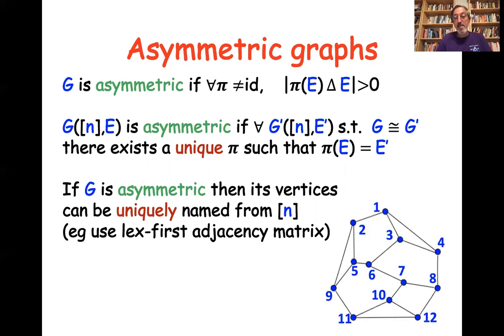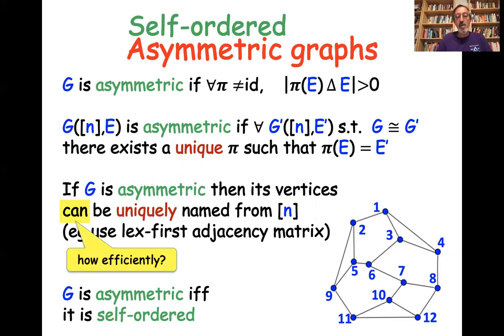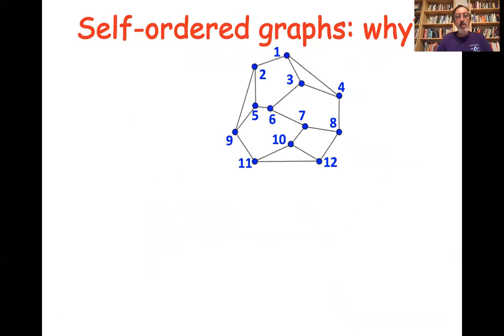Here's the same asymmetric graph, and I picked one canonical ordering here just to say that there is one. And because of this property, we also call an asymmetric graph self-ordered, it sort of orders itself. Of course, the fact that there exists a unique naming raises an efficiency question, which we will deal with later. Okay, why are self-ordered graphs good?